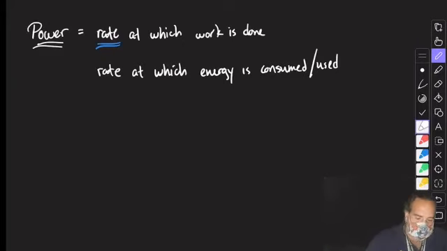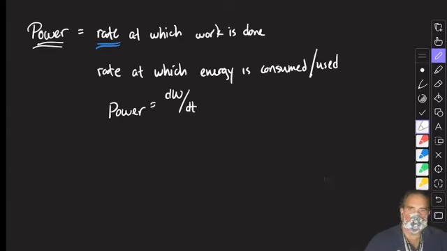So in practice for us, because power is a rate, we write it as a derivative: P = dW/dt. Because it's the rate at which work is done. So being a rate, it is a derivative. Now, we can write it as delta W divided by delta T if we're dealing with a situation where the work is changing at a constant rate.